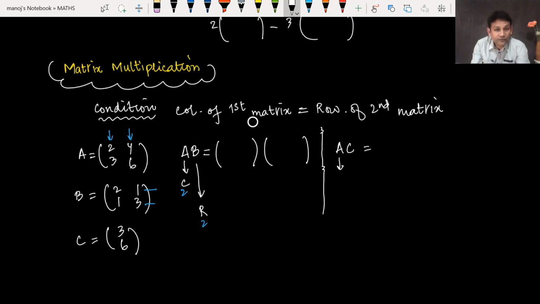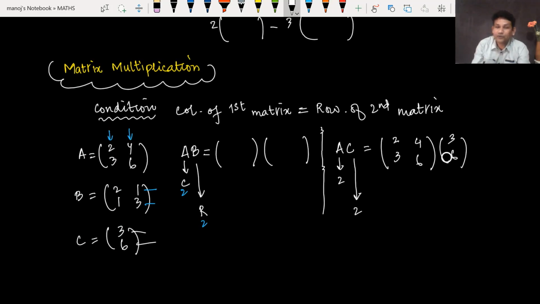The columns of the first matrix should equal the rows of the second matrix. The number of columns in A is 2, and the number of rows in C is 2, so multiplication is possible, like 2, 3, 4, 6, and this is 3, 6.